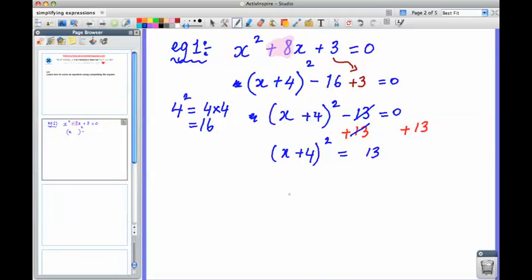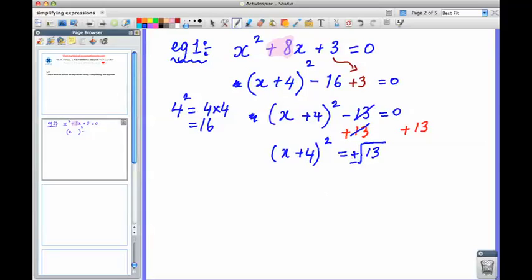The next thing I'm going to do is take the square root on both sides. Now when you take the square root, you have to make sure that you don't forget a plus and a minus. That's just a rule that you need to remember. I'm not going to go into the details, but just be aware that whenever you take the square root of a number, you have to add plus and minus.